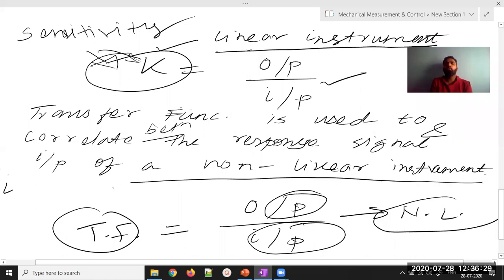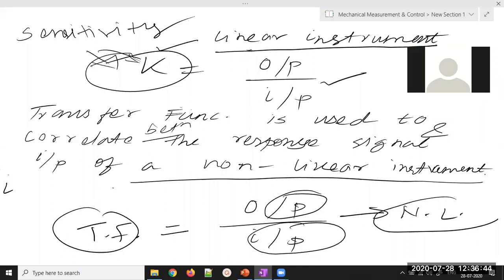Can anyone repeat it for me? I have written it on the screen.